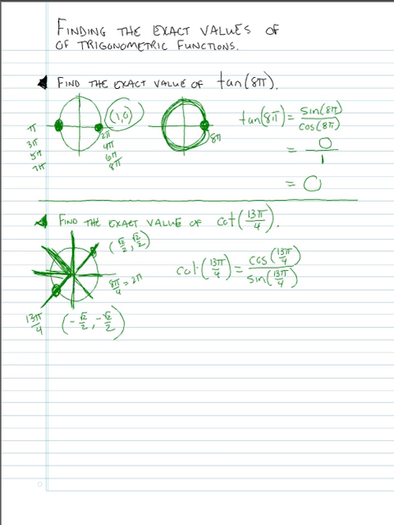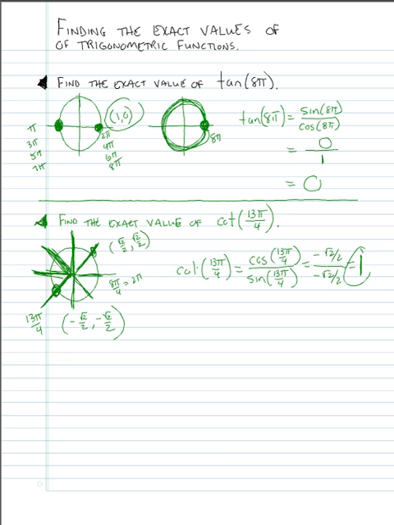And of course, in this case, the cosine is negative square root of 2 over 2. And the sine is also negative square root of 2 over 2. Well, when we're dividing by the same number, although they're both negative, negative over negative is positive, and if the numerator and denominator are the same, the value is 1, so the cotangent of 13 pi over 4 is equal to 1.